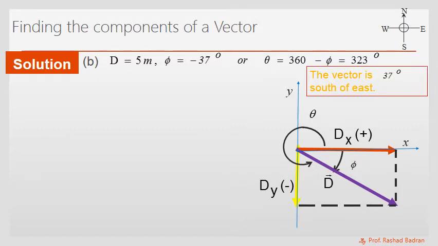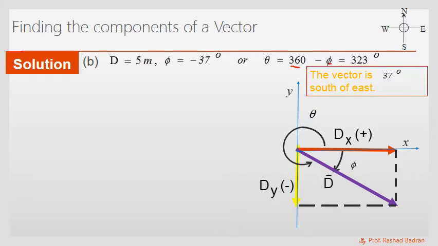If you want to find the positive angle of this vector with respect to the positive x-axis in the counterclockwise direction, then all you have to do is subtract: 360 minus 37 to get 323 degrees.